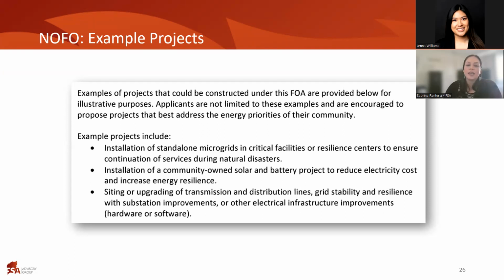So it really helps us get a boost of what should we do or what could we do with these funds. So going through each of the example projects in whatever notice of funding opportunity you're reading, please take a look at these sections, see if we have any inspiration, but also see if we have any opportunity to be creative and to do other projects that aren't necessarily listed in the examples section.